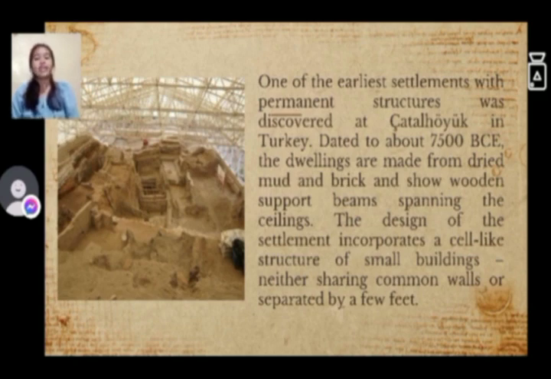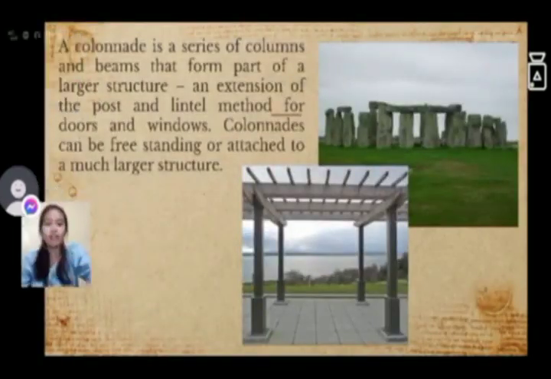Its earliest use is seen at Stonehenge, a prehistoric monument in southern England dating to about 3,000 BCE. As you can see in the picture, dried mud was used, and the ceiling is wood.